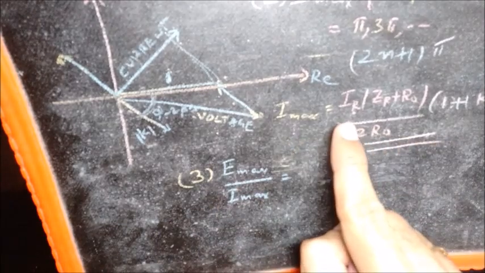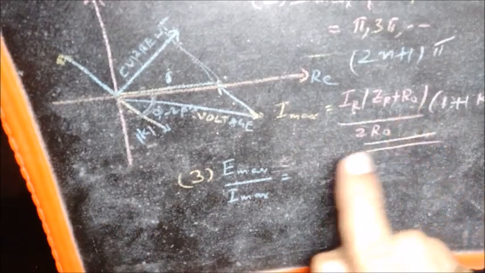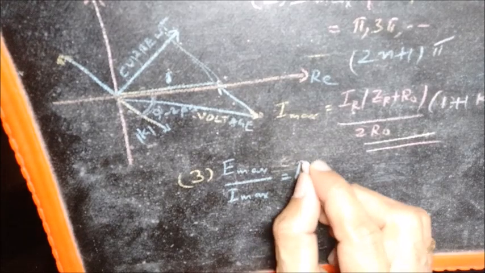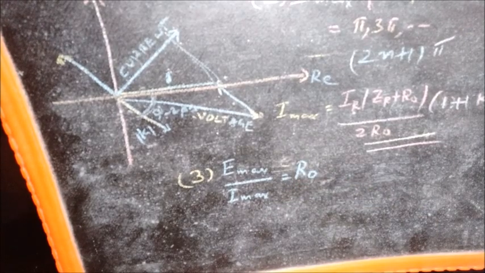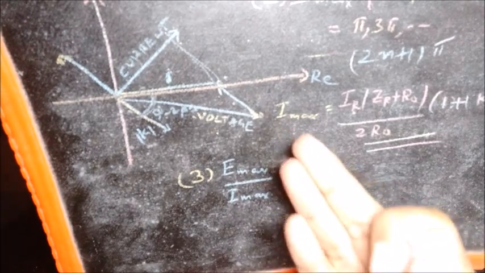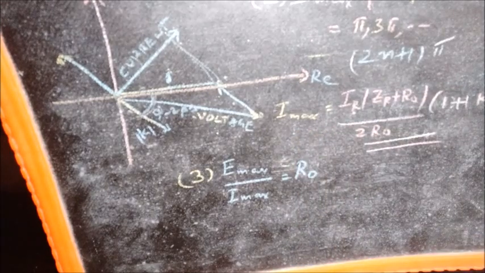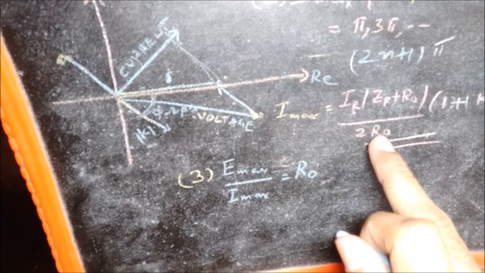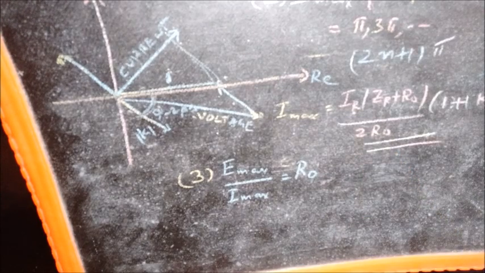And the Imax expression is IR magnitude of ZR plus R naught by 2 R naught and the rest of it. So if I divide Emax by Imax, I get R naught, because Imax and Emax are the same except for the R naught that you have here.